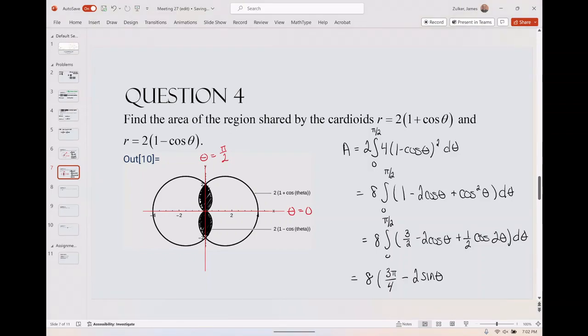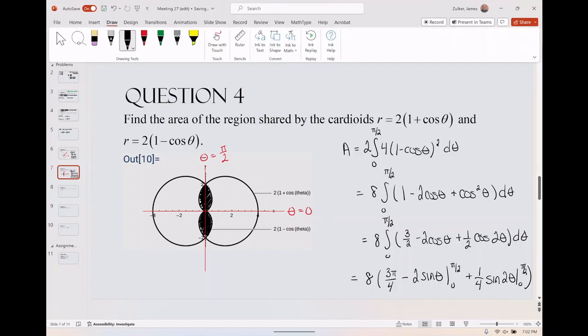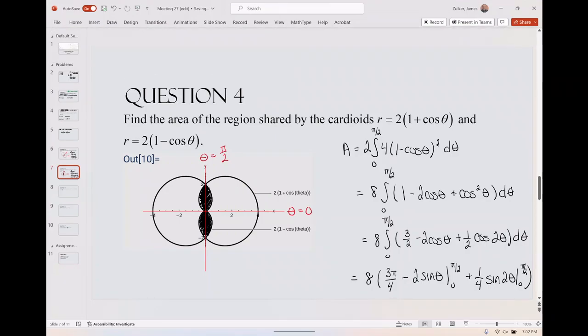Minus 2 sine of theta from 0 to pi over 2, plus a quarter sine of 2 theta from 0 to pi over 2. What's sine of pi? 0. What's sine of 0? That term evaluates out to 0.